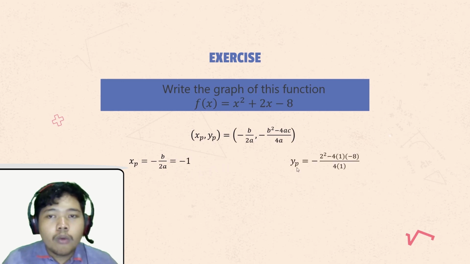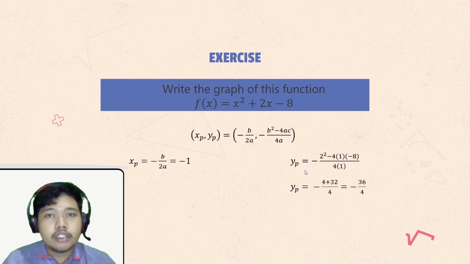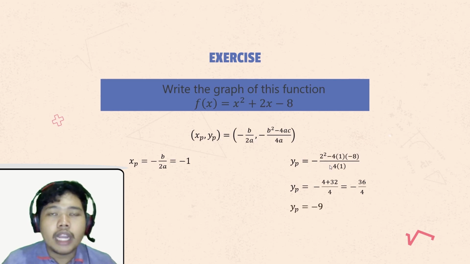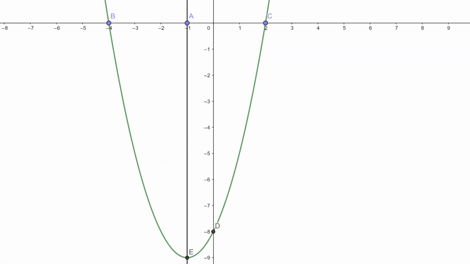And then for yp we get minus (2 squared minus 4 times 1 times minus 8) per 4 times 1. And then yp is equal to minus (4 plus 32) per 4, which is equal to minus 36 per 4. And then yp is equal to minus 9. So this is the final graph of this function.